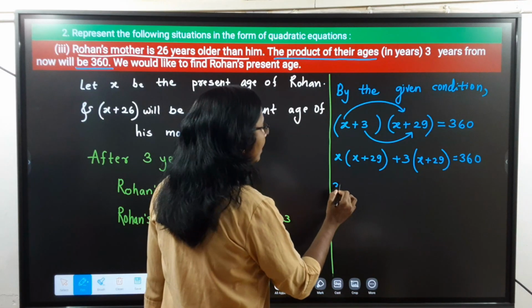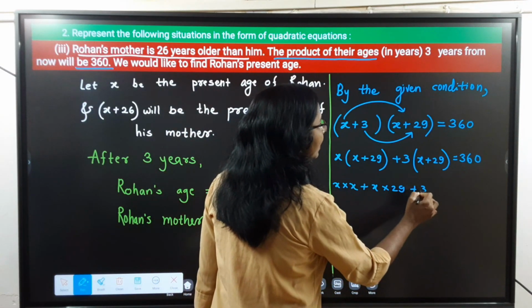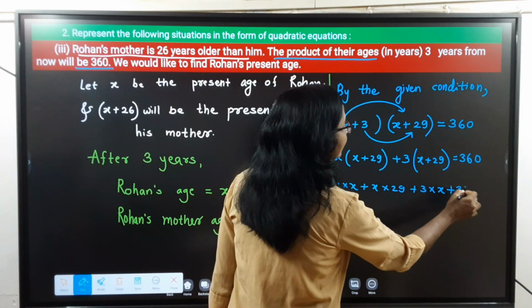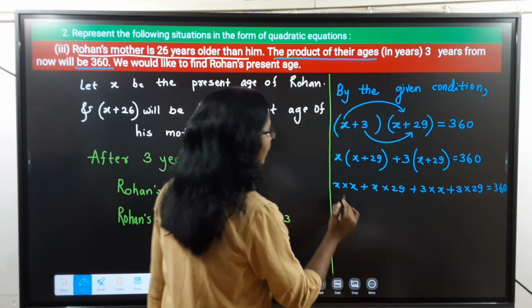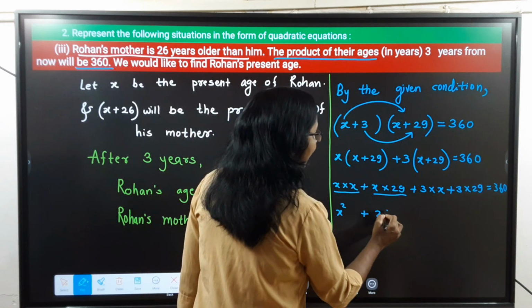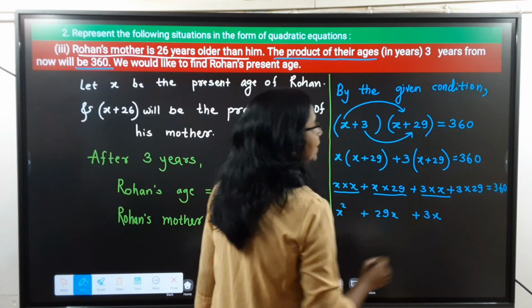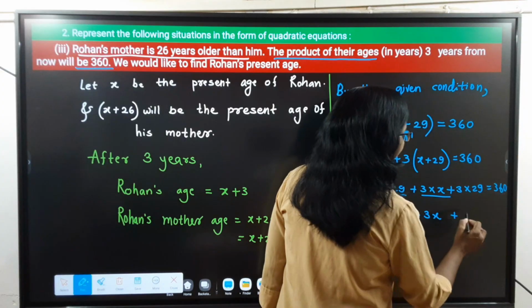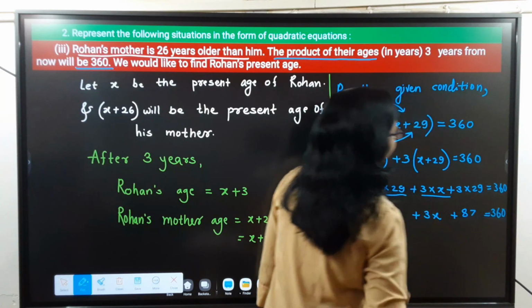Therefore x square plus 29x plus 3x plus 87 is equal to 360.